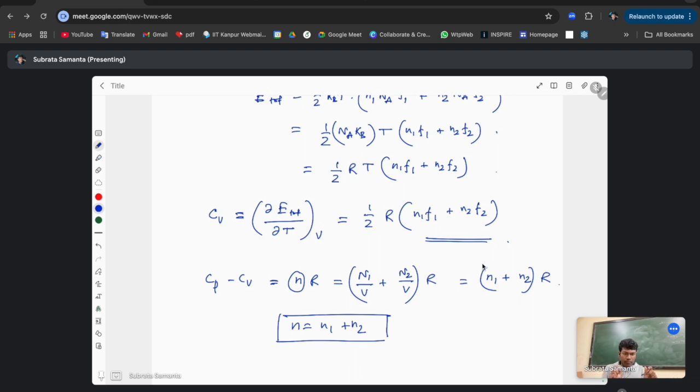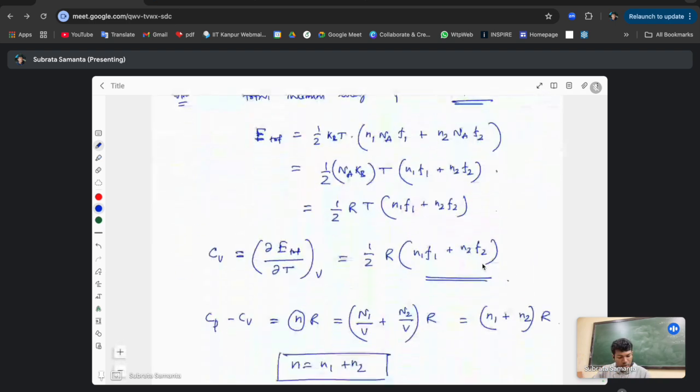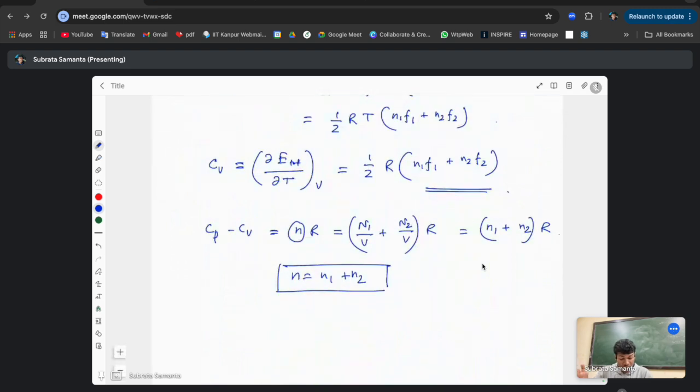The number density also simply adds: the total number density is the number density of gas A plus the number density of gas B, because both are in the same volume.